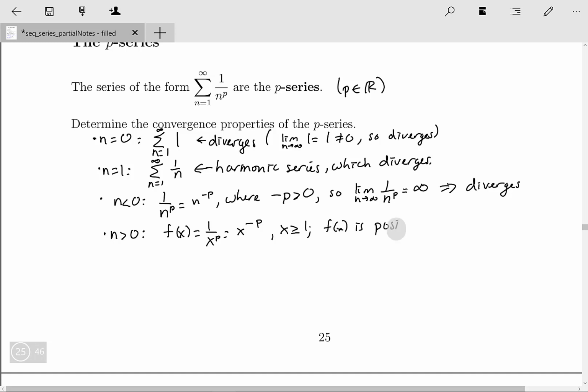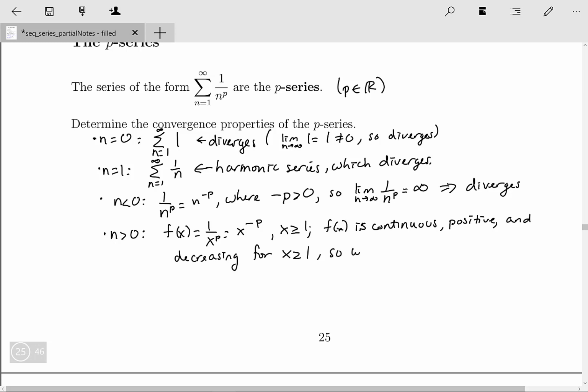I guess I'll go in the same order I've been going in all along. So f is continuous, positive, and decreasing for x greater than or equal to 1. Awesome.